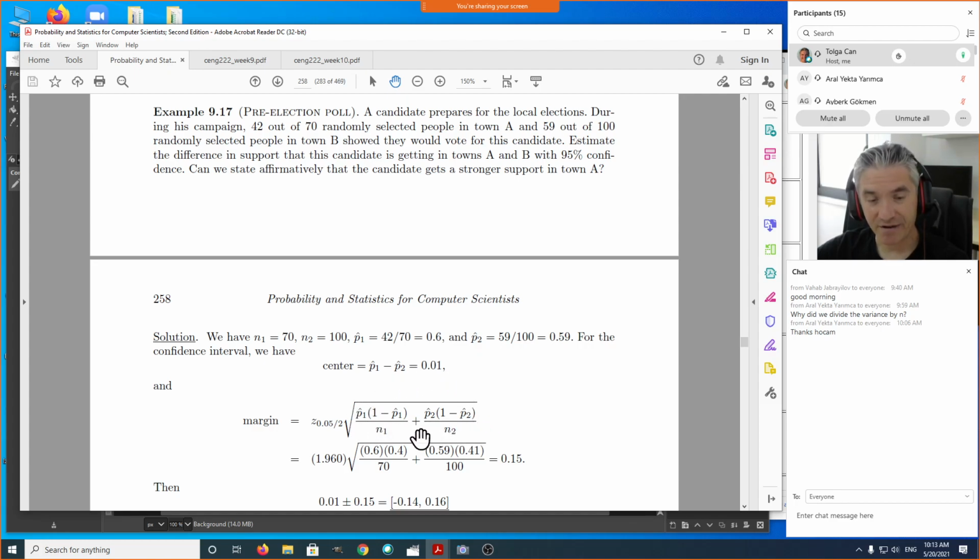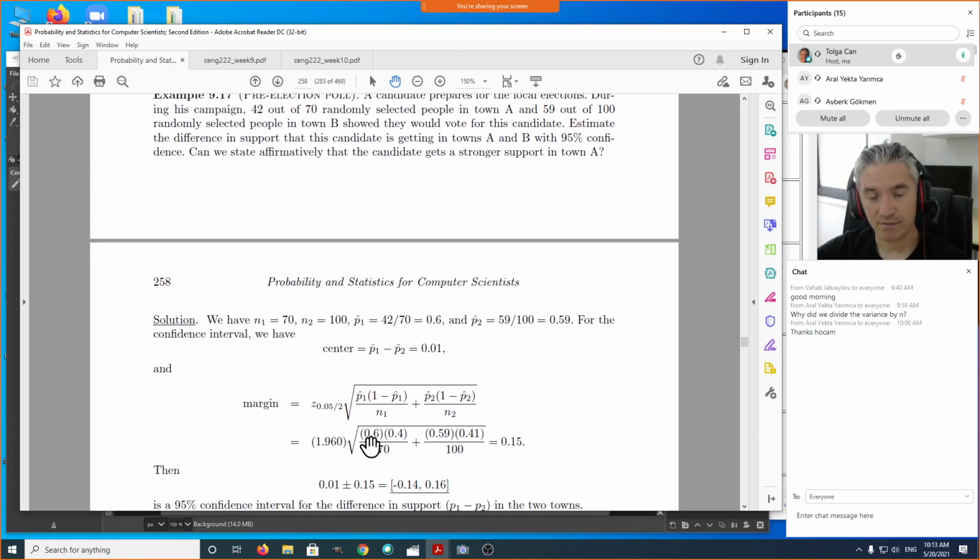And the standard error in this case will be, it was 0.6 in one town. So P times 1 minus P gives us 0.6 times 0.4 divided by 70. If we don't divide by 70, you're going to get the variance of the sum, not the proportion.